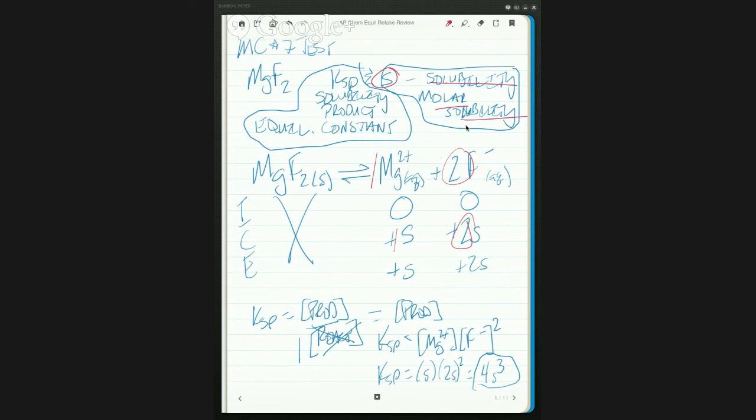And equilibrium constant or solubility product constant or solubility product, that refers to the Ksp. So it refers to the expression. You're doing K equals products over reactants. If you have a balanced reaction, you are dissociating the solid into its aqueous ions. Okay.